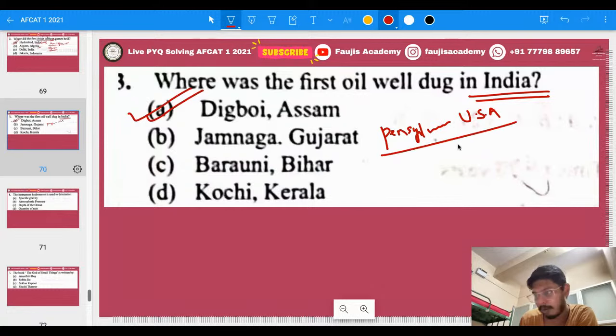Actually, what was happening was that in this northeastern region of Assam, they were building rail tracks.